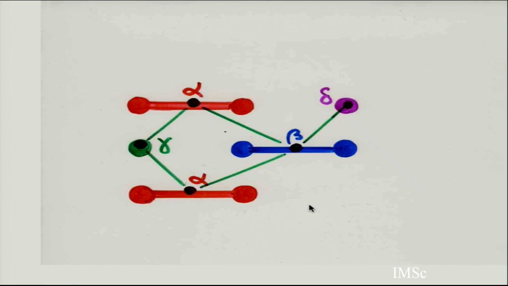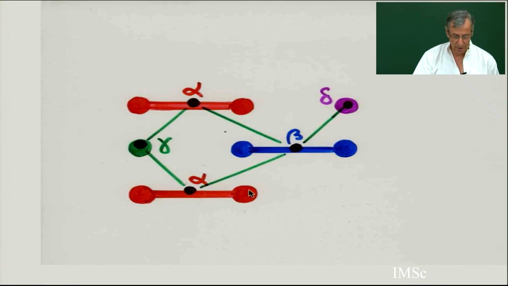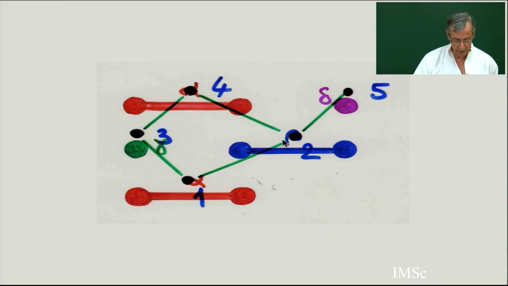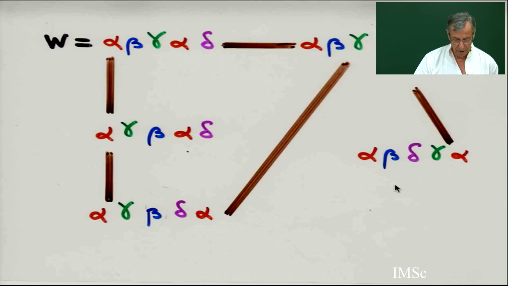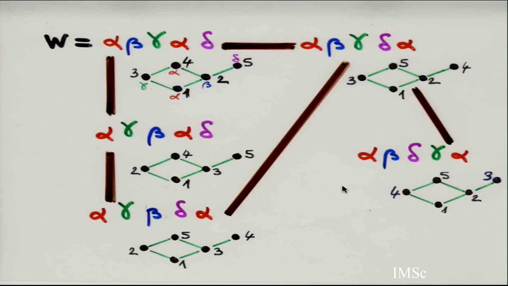So I go back to my example of last time. There was this diagram, this heap of pieces, alpha, beta, gamma, delta, and this is a possible linear extension. Last time there were 5 possible words in some commutation relation. This is the poset associated, and all linear extensions of this poset give you the 5 possible words that I got last time.